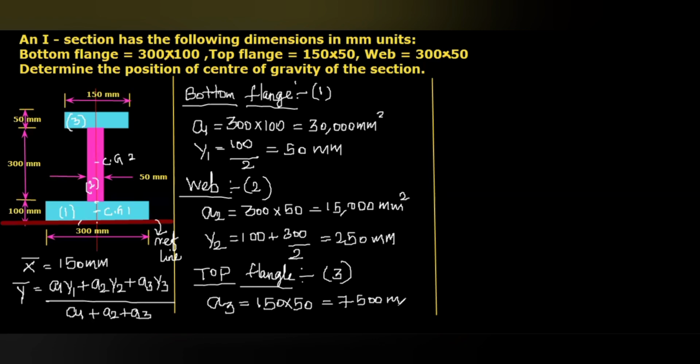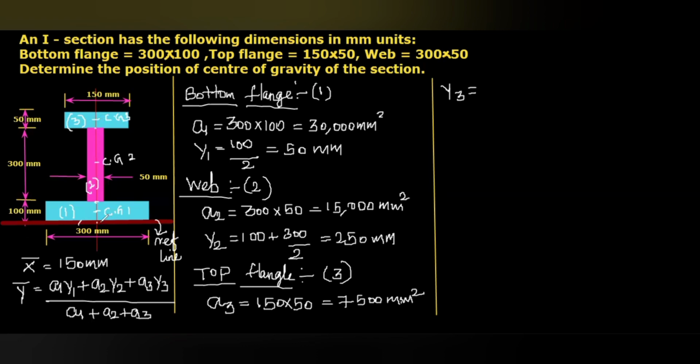Then the value of Y3. Here you can see Y3 is half of the vertical dimension from this point. From here, CG3 will be this point, that is 50 by 2.